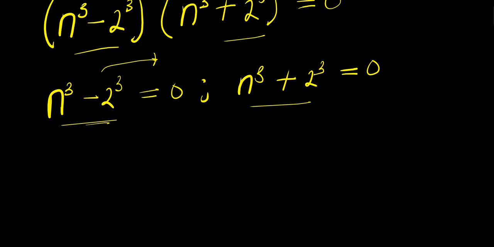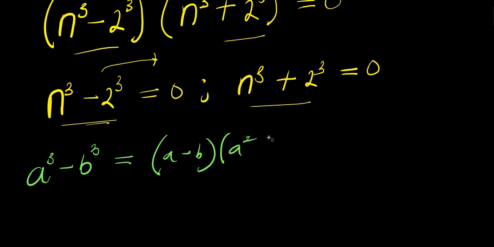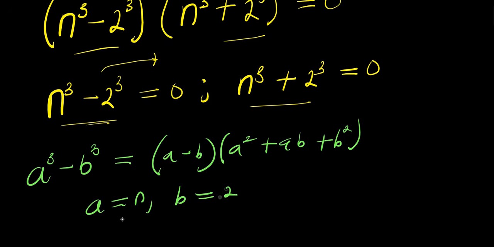Let's expand using this identity. If you have a power 3 minus b power 3, this equals a minus b times a squared plus ab plus b power 2. And in this case, my a is n and my b is 2.